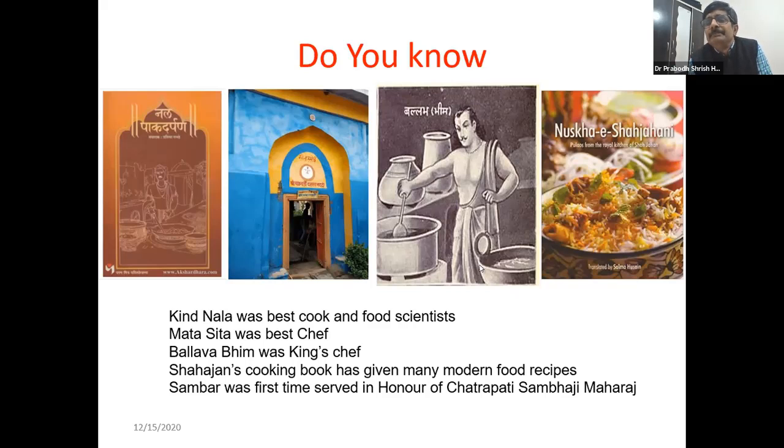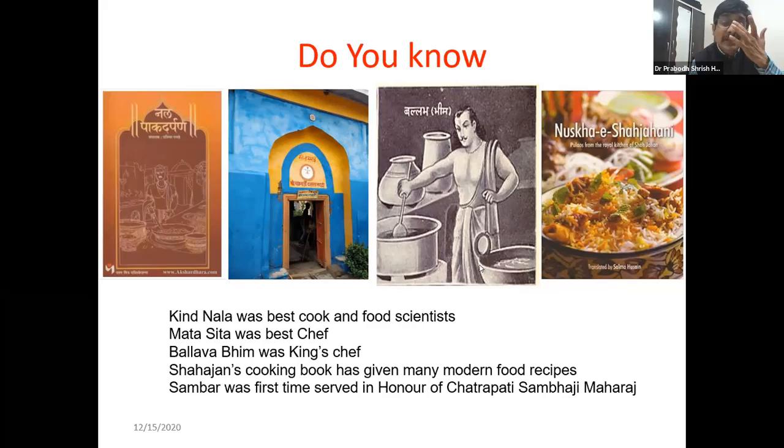In 1675, when he visited, he was offered a dish they knew as amti, a Marathi dish. Unfortunately, in place of curd, they added imli water, tamarind water. So instead of amti, a different dish got prepared, and that dish was named in honor of Sambhaji Maharaj, called sambar.